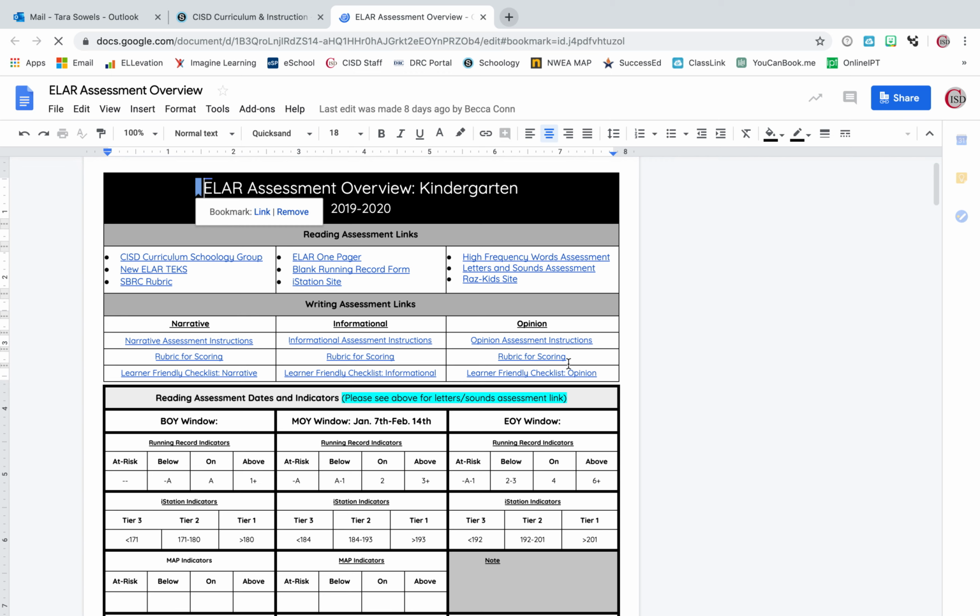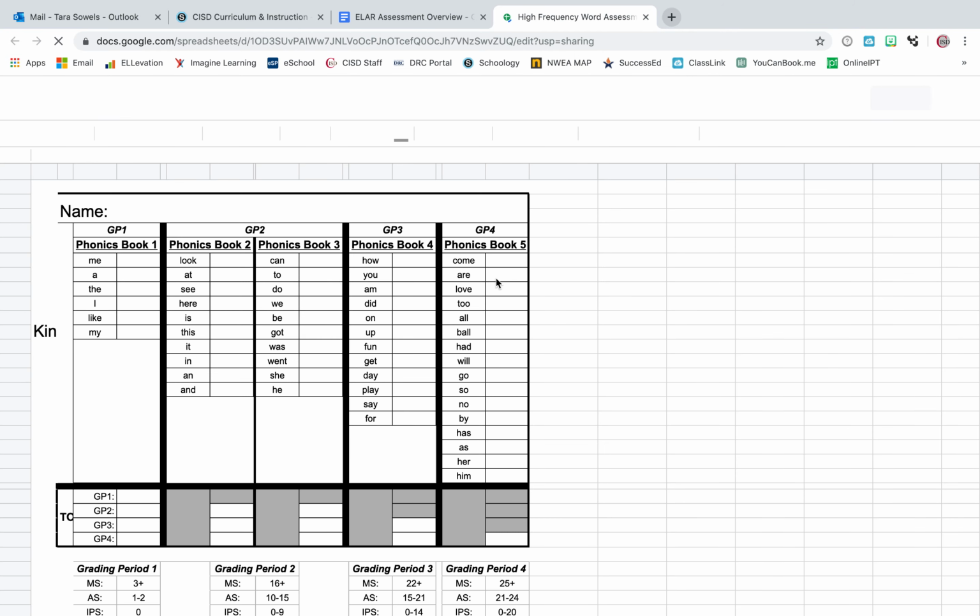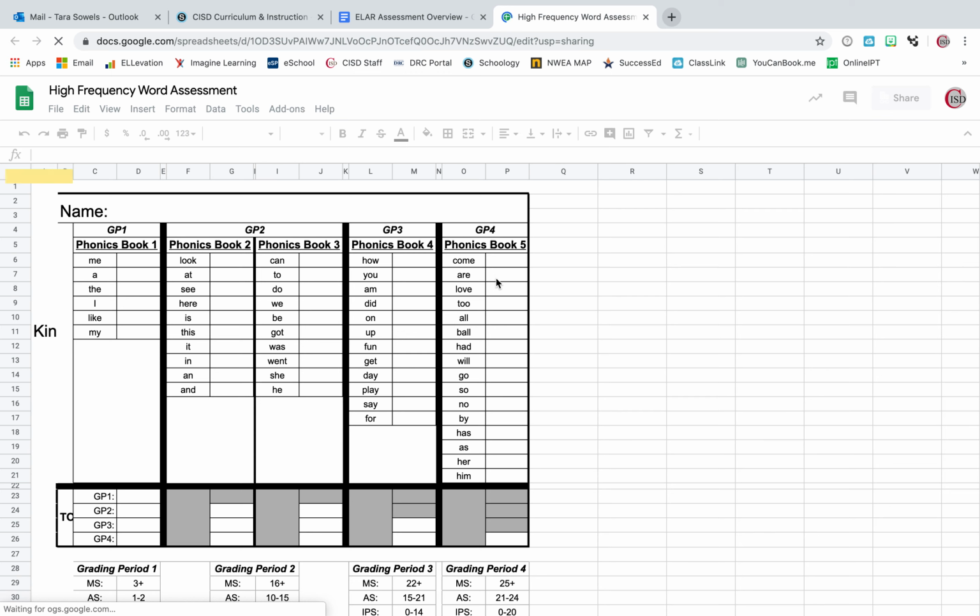Because of course they're going to be very different. I think it might be almost ready here. There we go. So when you click on high frequency words assessment and open this document, of course originally it just had the English sight words.